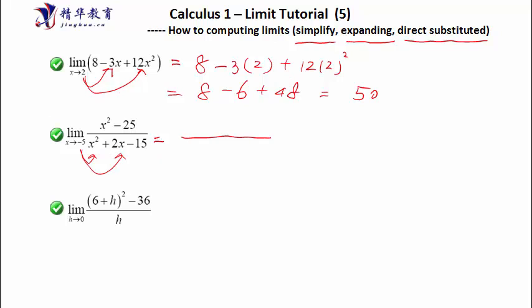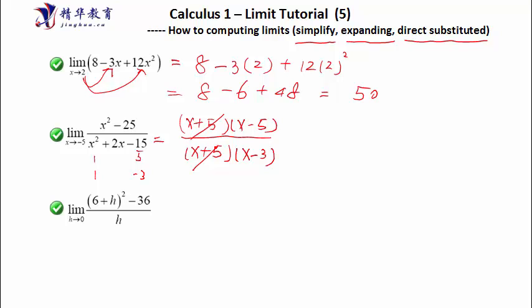If you don't know how to factor it, go back and check my polynomial factoring tutorials. I have a very detailed explanation about how to factor this, so I'm not going to repeat it. So 5 and -3 give positive 2, so it becomes x plus 5 and x minus 3. The top part is also in my polynomial factoring tutorial, so it becomes x plus 5 and x minus 5. Now these terms we can cancel each other.